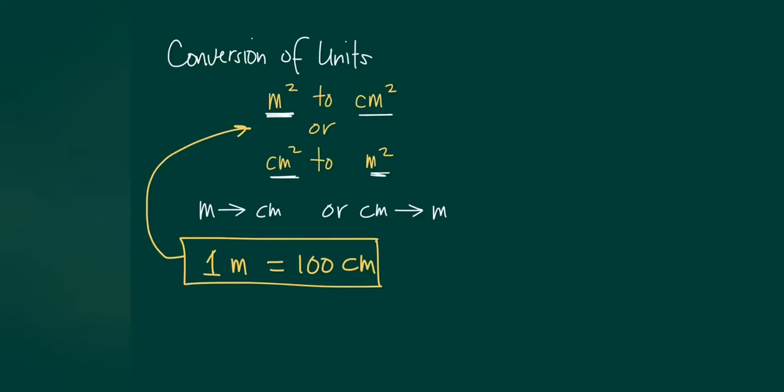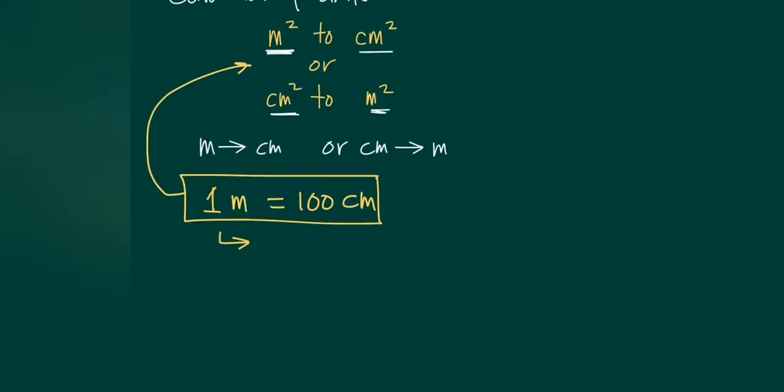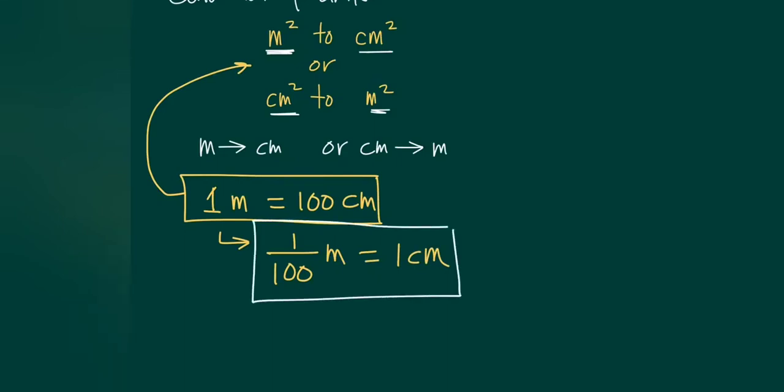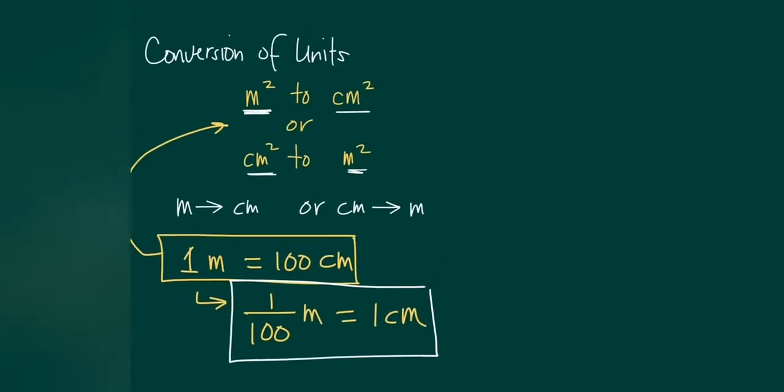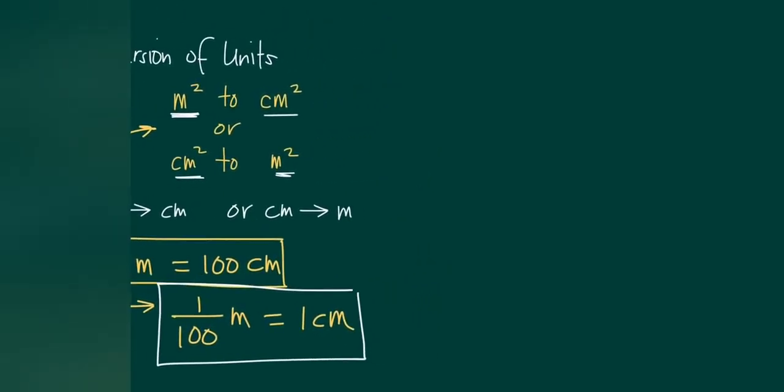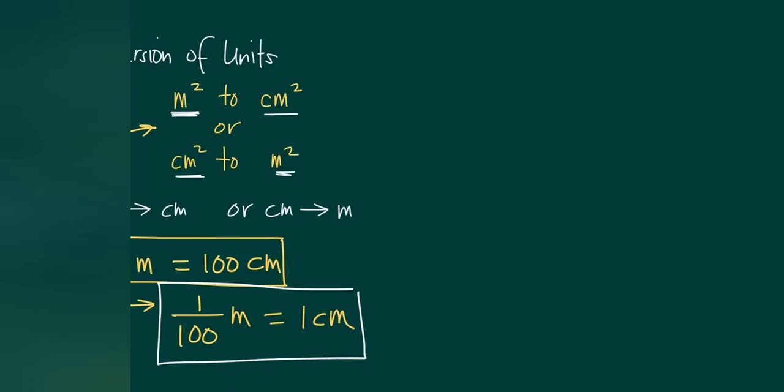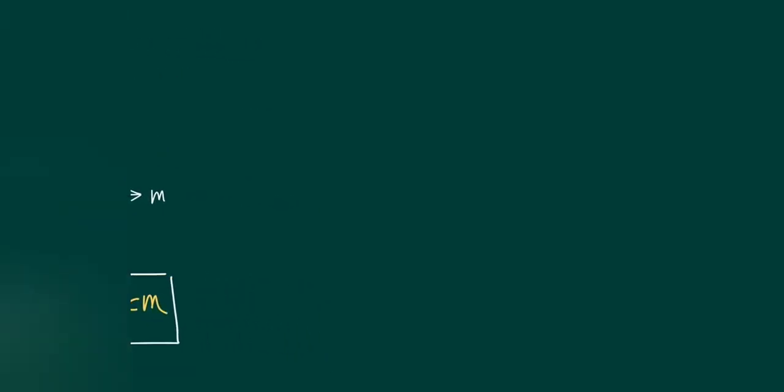Similarly, this also means that 1 over 100 of a meter is equal to 1 cm. So, two important things to remember. Once you understand that, it will be easy for us to convert m squared to cm squared, or cm squared to m squared.